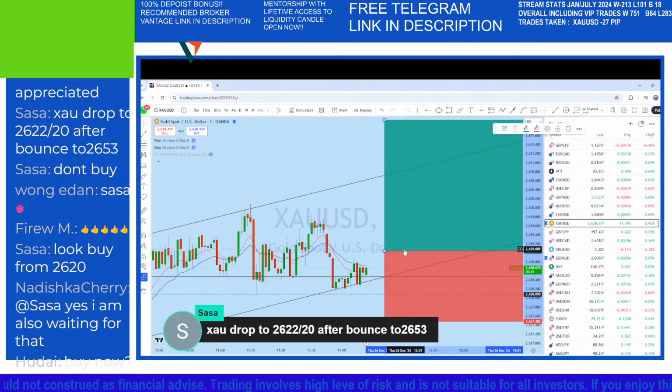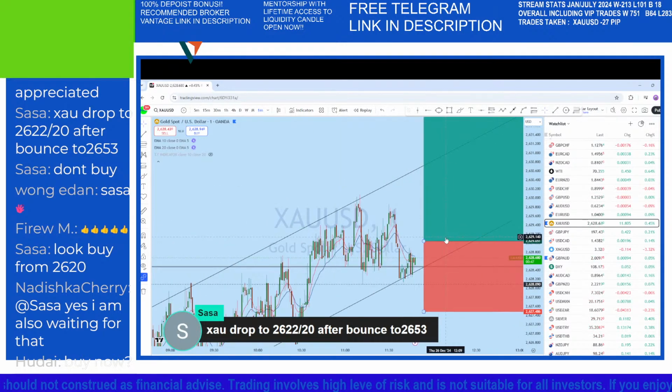So it's the 1 minute price action again, waiting for a bounce here.